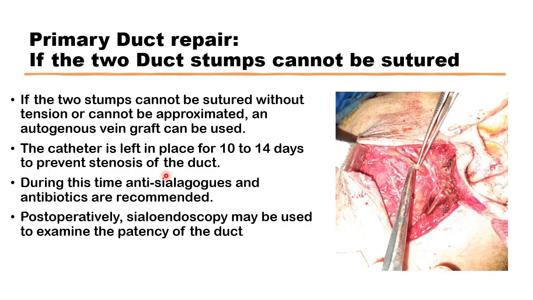You would need to make sure that the residual gland tissues are not going to secrete saliva during the healing phase by injecting Botox and giving the patients anti-sialogogues and also antibiotics. The patency of the duct can be checked after 2 weeks or so by either sialography or sialoendoscopy.